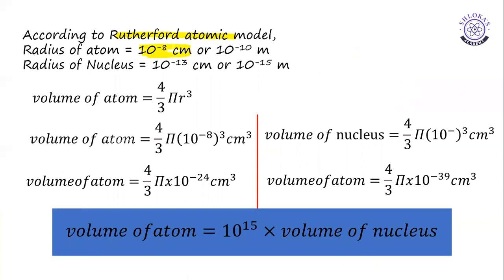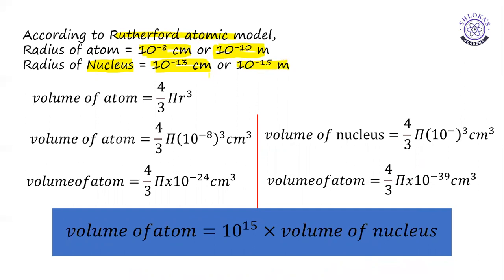The same value, if you express in meters, is 10 to the power of minus 10 meters. Next, radius of nucleus is equal to 10 to the power of minus 13 centimeter. If you express the same value in meters, that is 10 to the power of minus 15 meters.